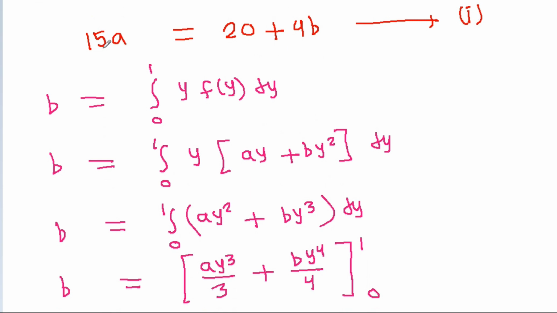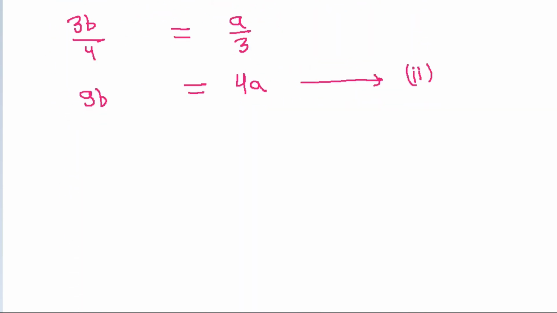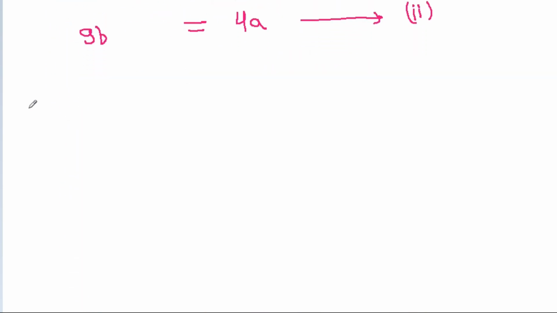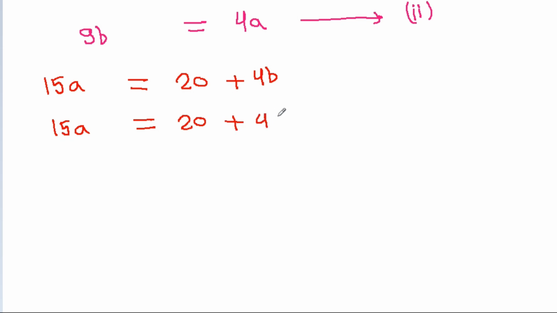Equation 1 is 15a is equal to 20 plus 4b. From equation 2 we can get b is equal to 4a by 9.